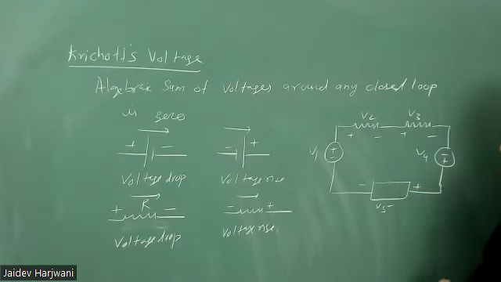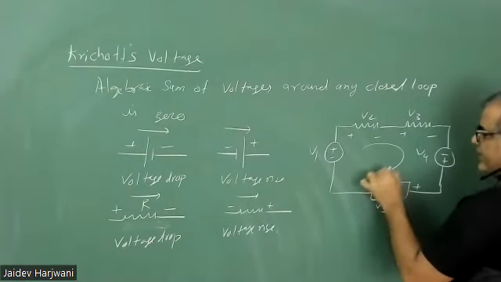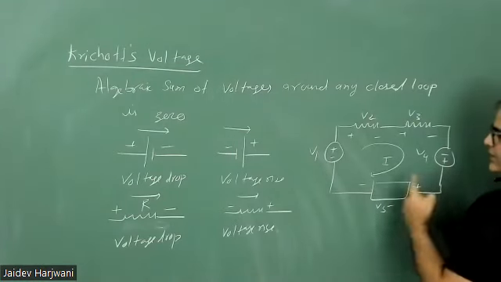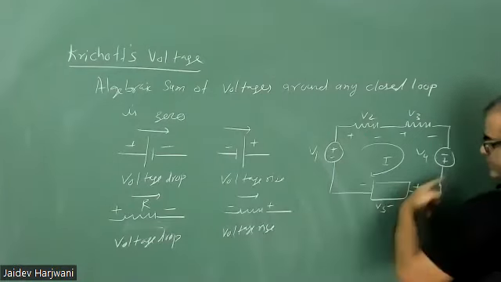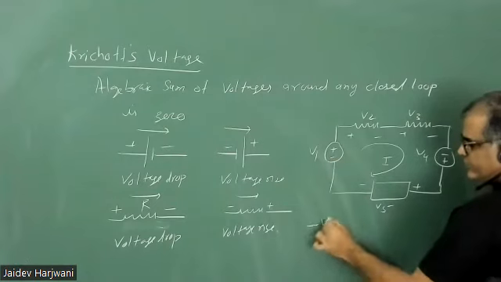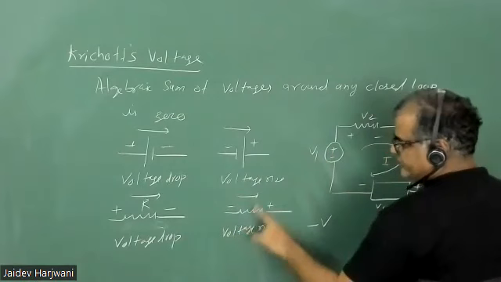Now first of all I have to define a current in the circuit, which is a single loop circuit, and which direction I'm moving. Suppose I'm moving clockwise.